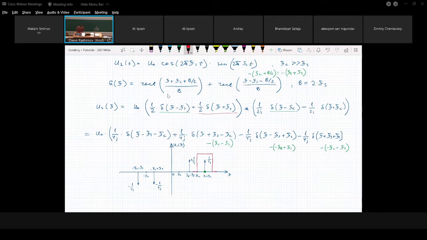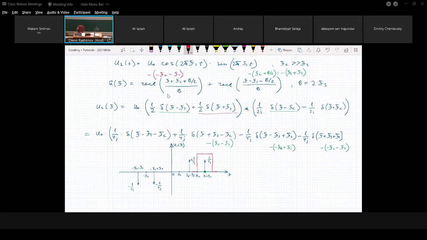Now let's go back to the first rectangular function, and we can write the argument as minus f minus fs. I just replaced b over 2 with fs.